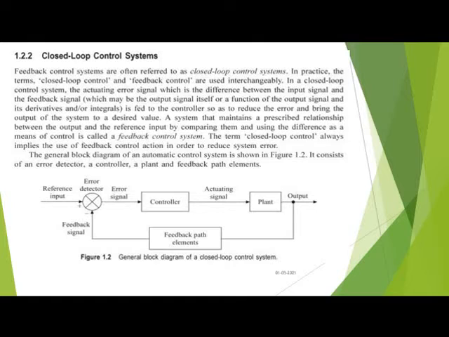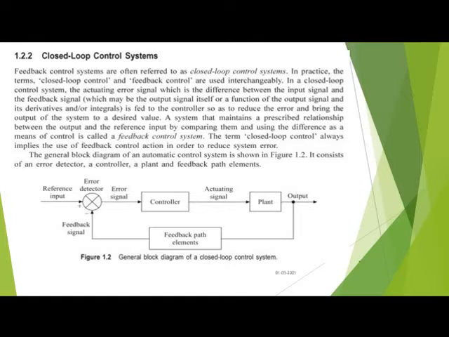A system that maintains a prescribed relation between output and reference input by comparing them is a feedback control system. The term closed loop control always implies the use of feedback control, in order to reduce the system error.